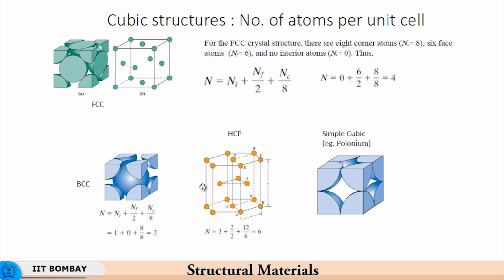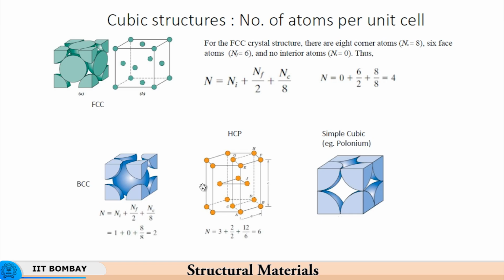And then you have these 12 atoms, 6 atoms at the top and 6 at the bottom, and these are shared by 6 cells which surround this. So these atoms are shared by 6 cells, and therefore there are 2 atoms resulting from here. So now you have 6 atoms per unit cell for a hexagonal close packed structure.